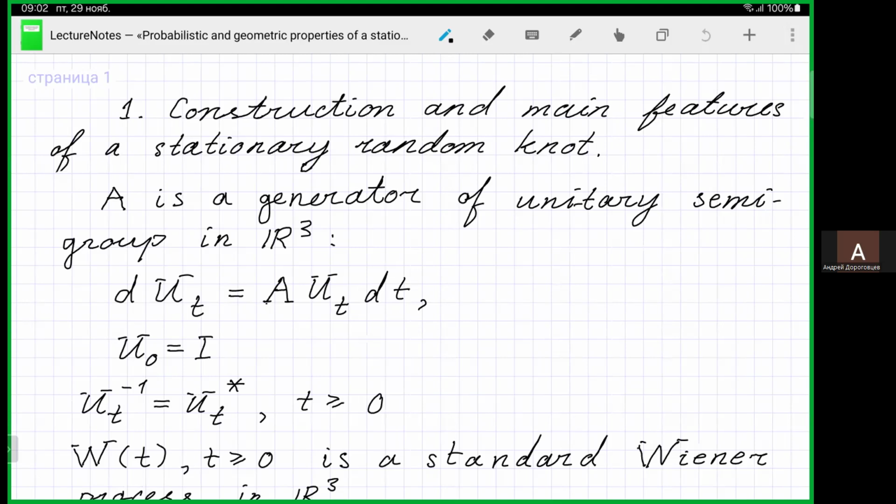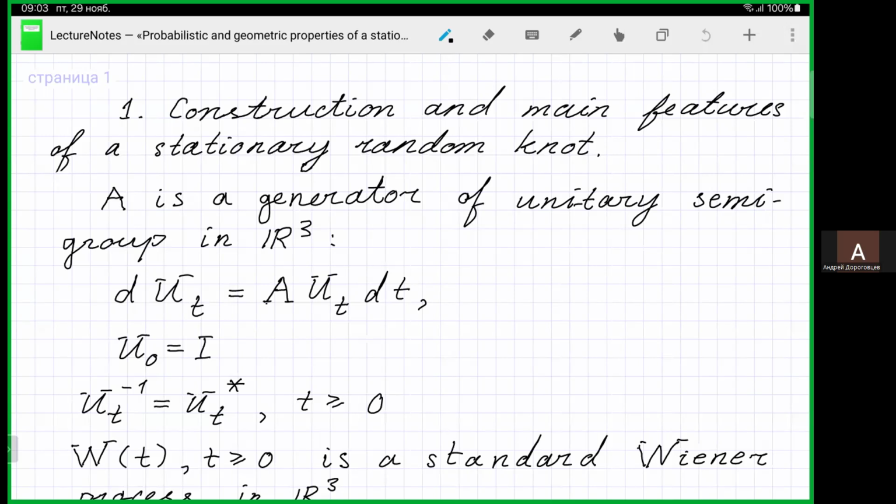We will do this from a simple linear equation with interaction. Let me describe. Suppose that A is a generator of a unitary semigroup in R3. One can just recall that A can be like the generator of rotation in R2.